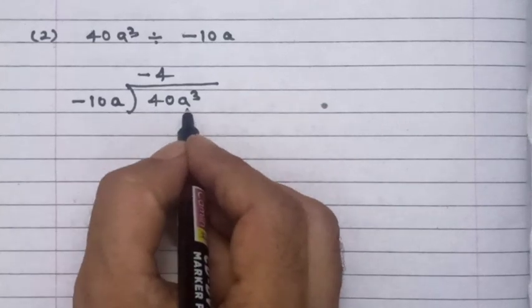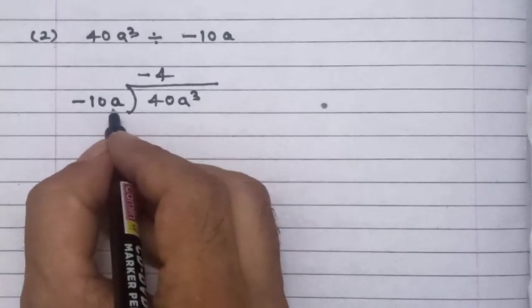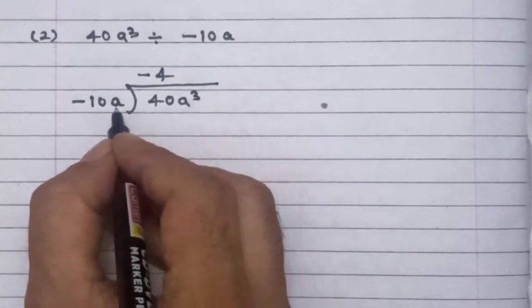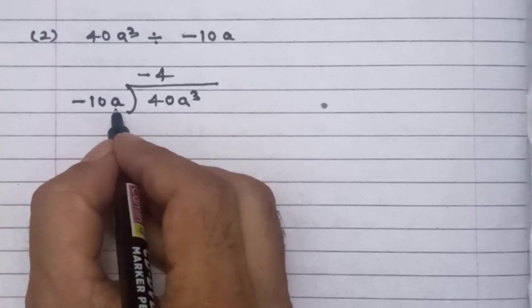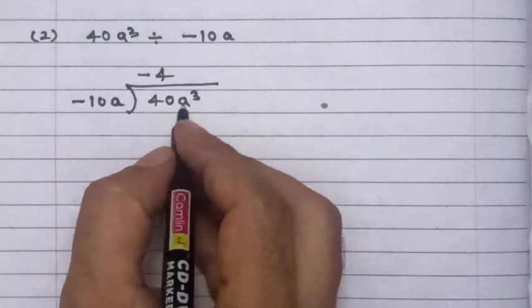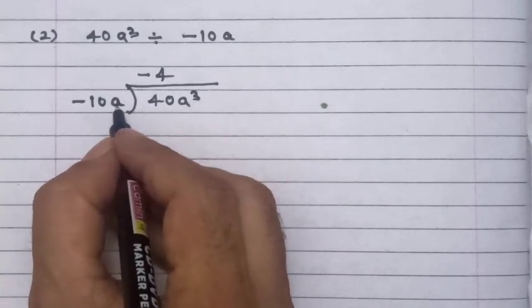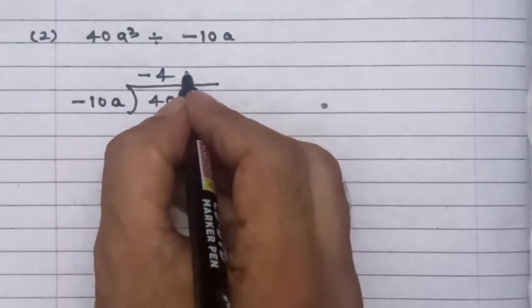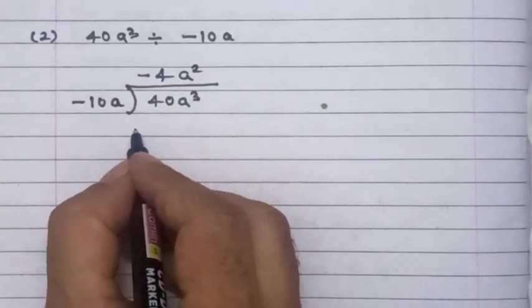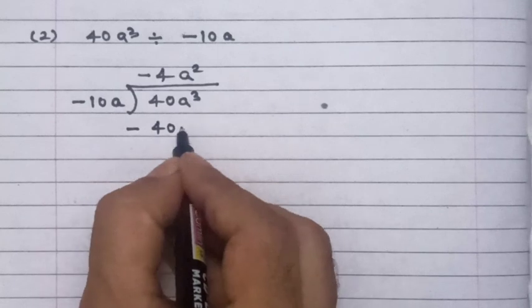Now it is a cube and it is a. Here the index is 3 and here the index is 1. Using the laws of indices, here 3 minus 1 will be 2. So a raised to 2, that is a square. Now you will get here 40a cube.